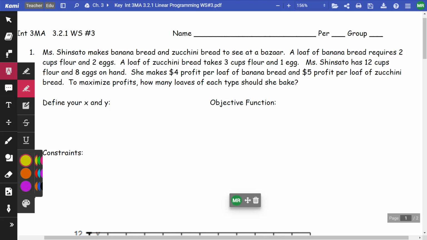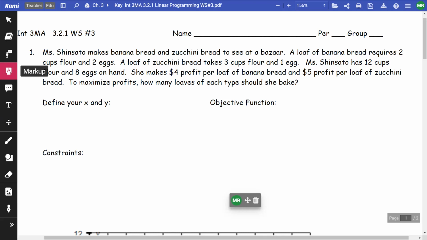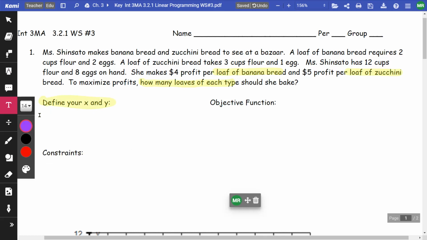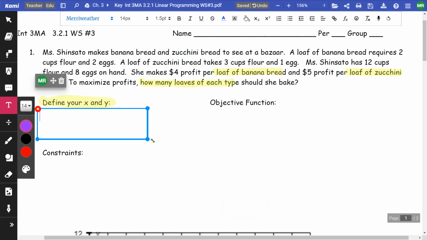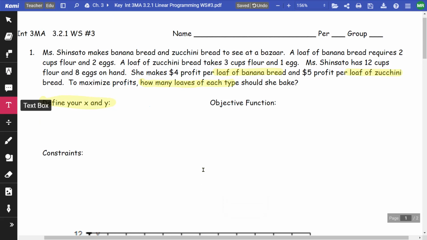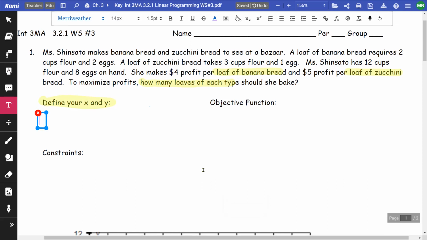Okay, so first off, I want to figure out what I should do to define my X and Y. I look at the question that they're asking. They want to know how many loaves of each type, so it's going to be loaves of banana bread and loaves of zucchini bread. So that is going to be my definition.